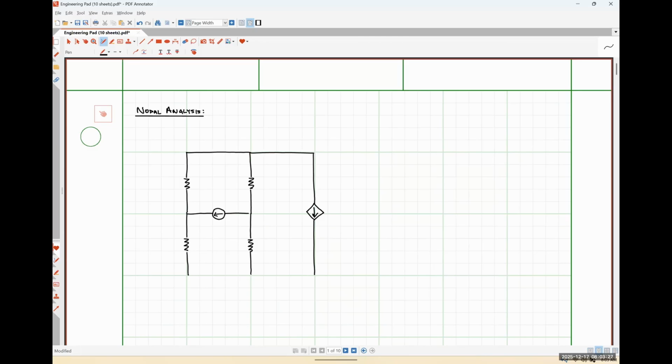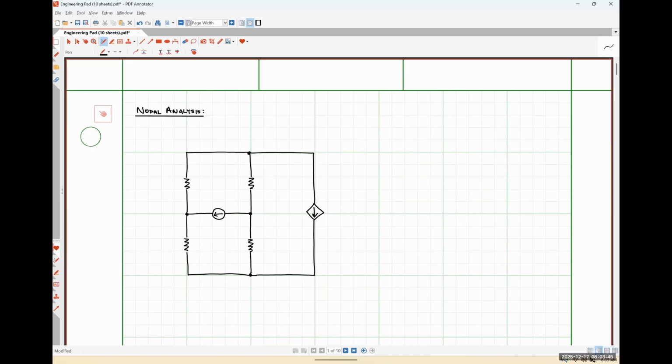So we're going to start off our nodal analysis with circuits that only contain current sources. We're going to figure out how these work, and then we are going to adapt this method to be able to handle what happens when a voltage source is present in the circuit as well.